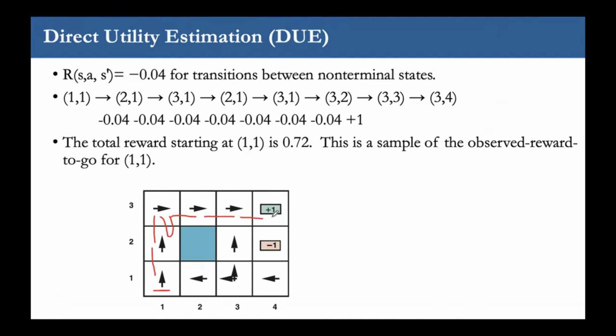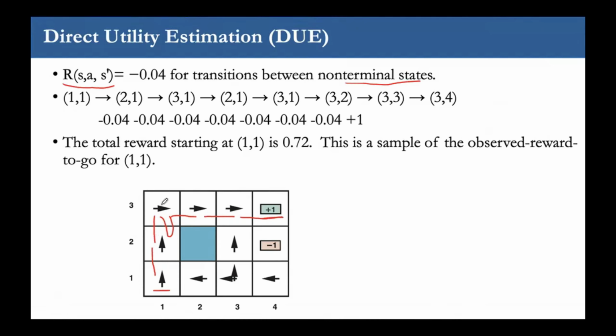Now we need to find what is the total reward. So how to find the total reward? We have already seen R of S comma A comma S dash is equal to minus 0.04 for the transition between non-terminal states. So many transitions are made between the non-terminal states, and here only one is a terminal state, which is the last state or the goal state.